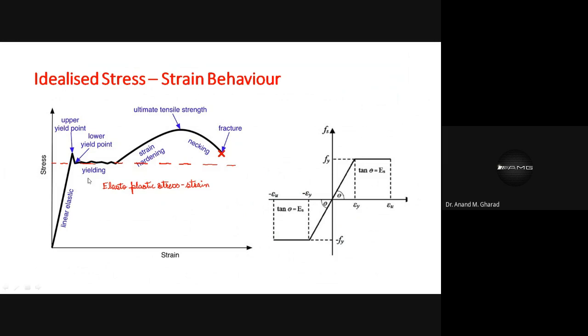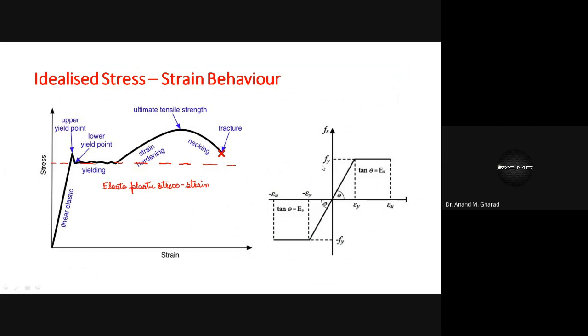Earlier you must have studied the notation for yield stress to be sigma y. Now it is represented by fy. This is the only difference. So while saying yield stress, I will say f suffix y, or fy. Is this okay? And the associated strain will be epsilon y.